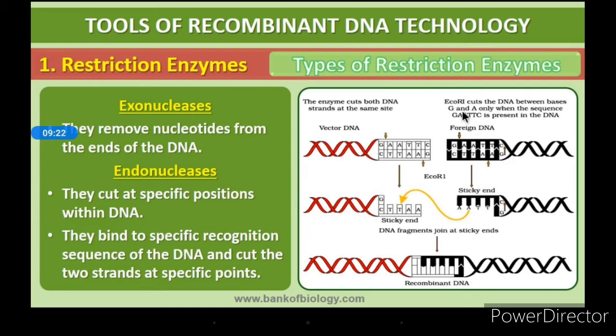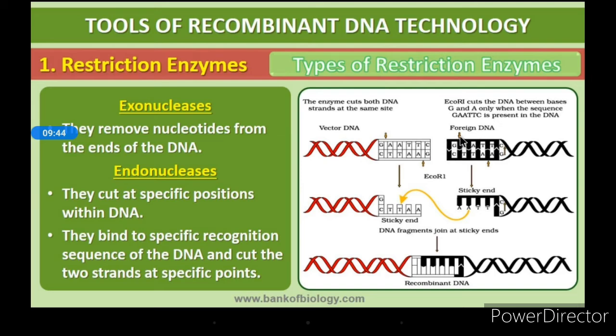So EcoR1 cuts the DNA between the bases G and A, you have to keep that in mind, and only one sequence, that is GAATTC. Here this is the sequence, and they will cut from the bases GA. This is from 5 prime to 3 prime; there are two strands for the DNA.